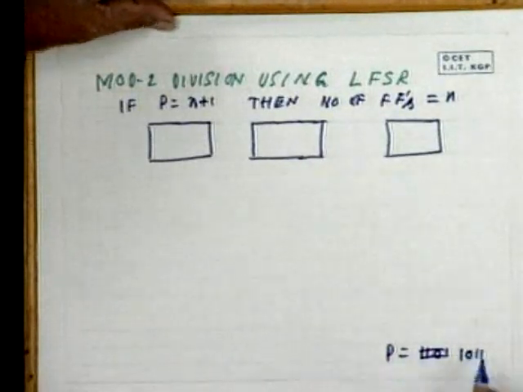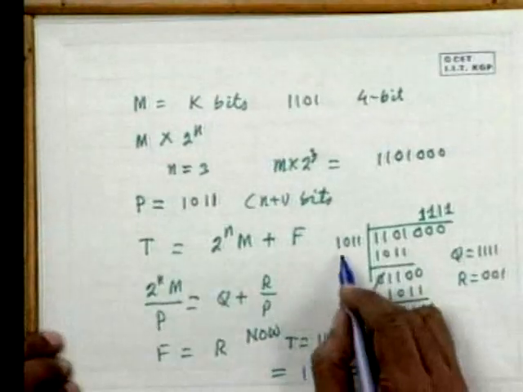P is equal to 1 0 1 1. I wrote it wrongly, 1 0 1 1.